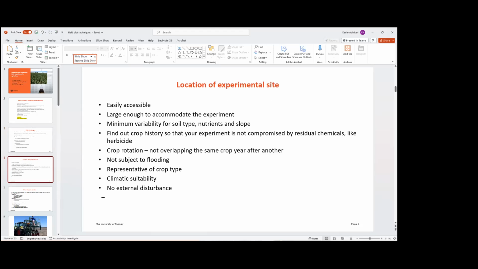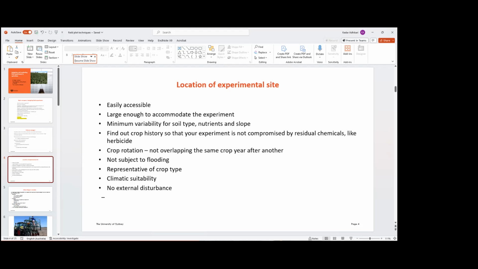The other thing is the location of experimental sites. You have defined objectives and you know what you are going to measure. Now you need to find a place where you can do your experiment. It should be large enough to accommodate the experiment, with minimum variability in soil type, nutrients, slope, and many other things.